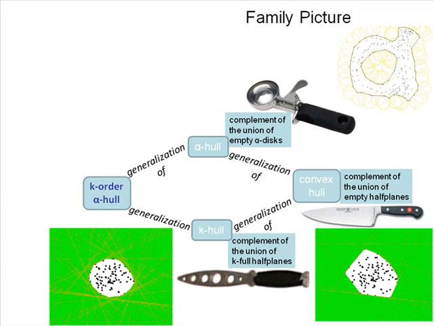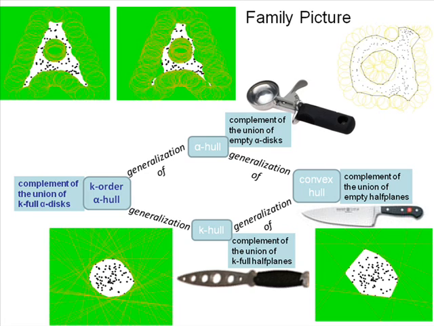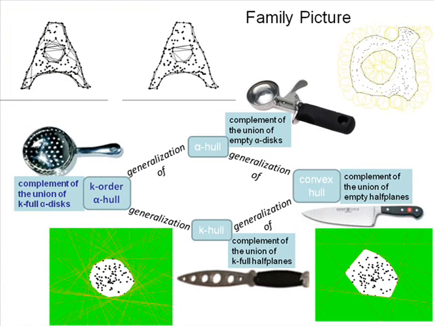Call this generalization the k-order alpha hull, the complement of the union of all radius alpha disks that contain at most k points from S. In ice cream and chips terms, the k-order alpha hull can be obtained by scooping out ice cream with a colander having k holes. The k-order alpha shape is a straight line version of the k-order alpha hull.